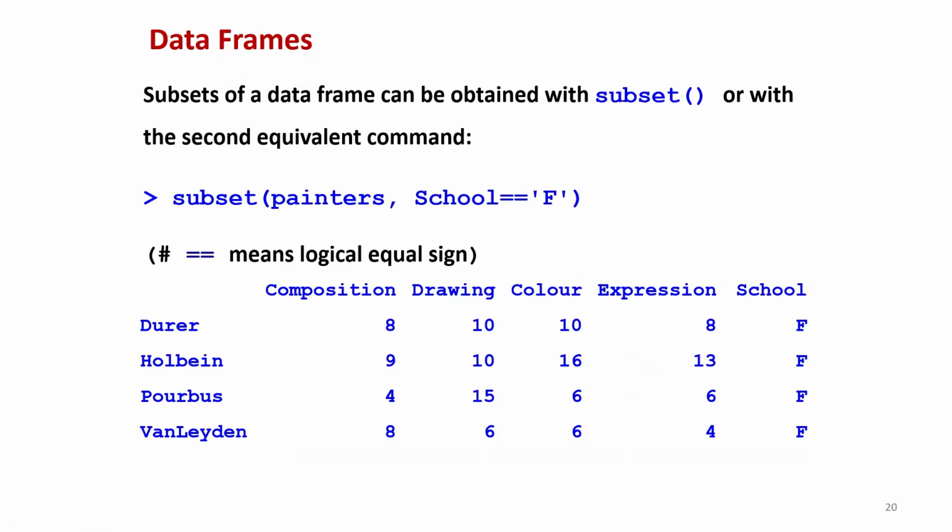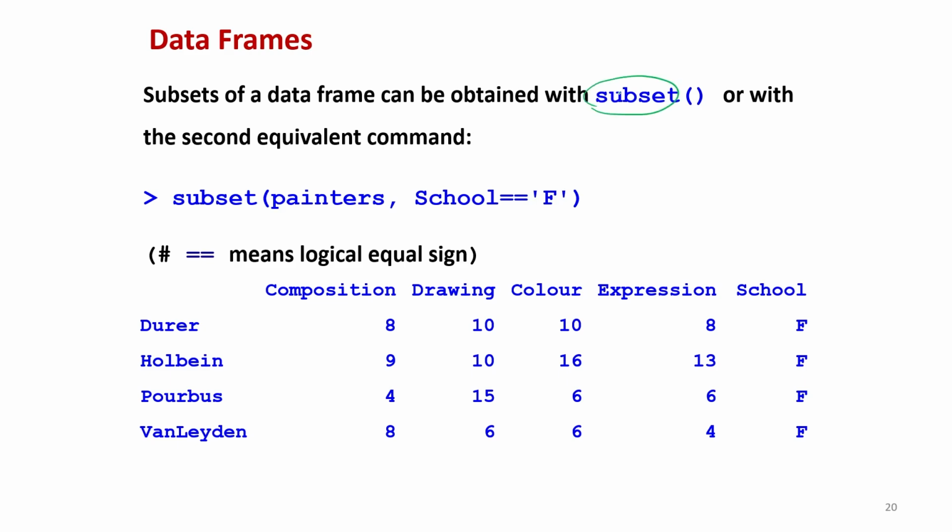Now after this, I want to show you a couple of more operations which are very simple but useful for us. Sometimes from a bigger data set, we want to extract a subset of the data. For example, from the painters data, suppose we want to know the data set corresponding to school equal to F. This can be done by using the command subset.